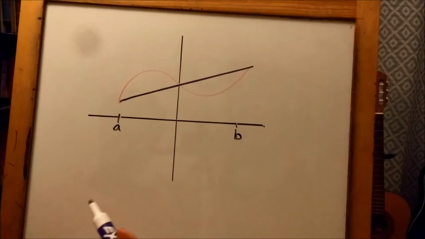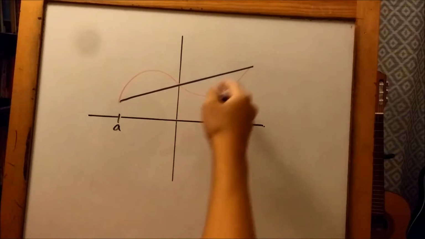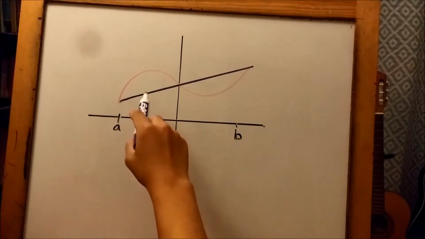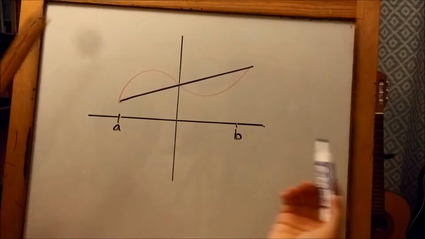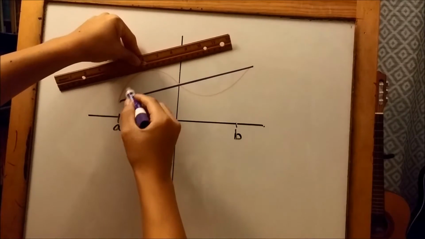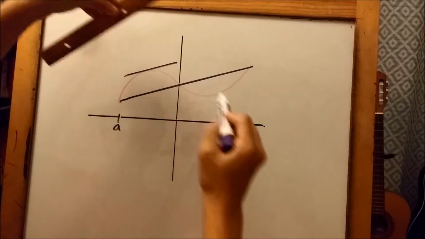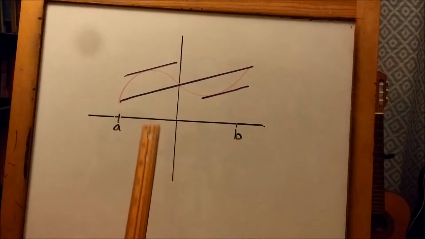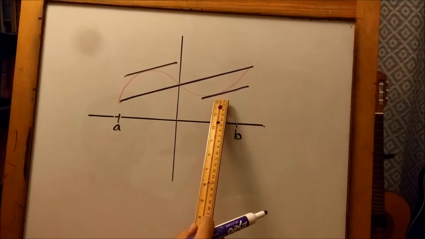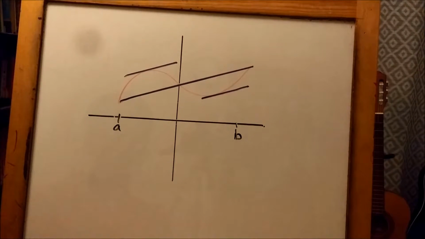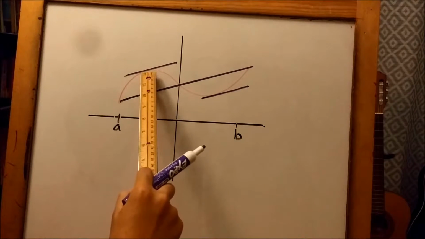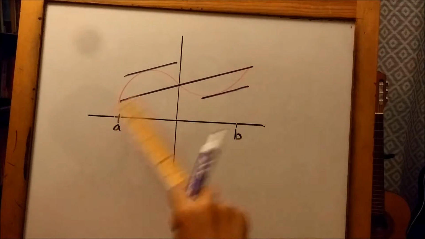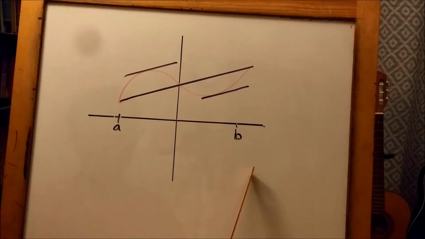Now, there's going to be some point c along this function where the tangent line is going to be the same as the average slope. So let's say this point right here, and it looks like this point right here. That means that at this point and at this point, the instantaneous slope, f prime of c, is equal to the average slope of the function defined on A and B.